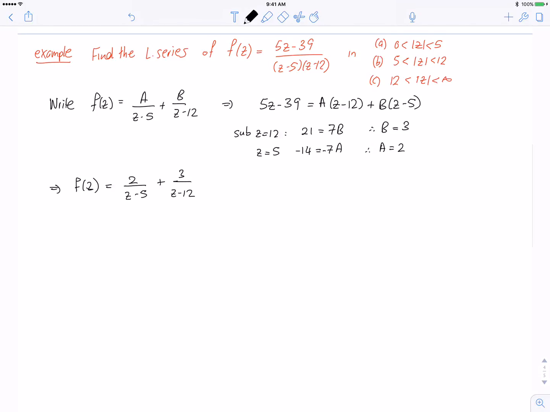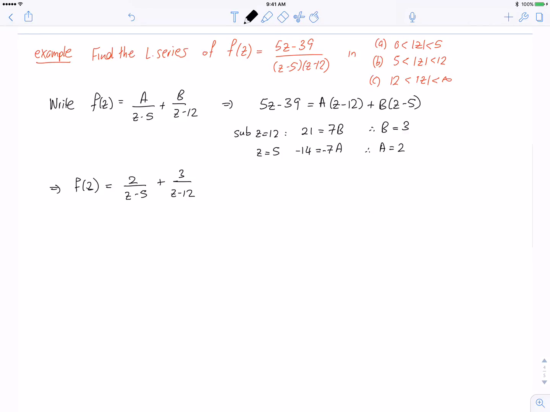Now, remember, I know how to find the Laurent series for 1 over 1 minus z, that geometric series. I can do that when the modulus of z is greater than 1 or less than 1. And if you remember from the previous examples, really all we did was replace z with something else to get the Laurent series we want.